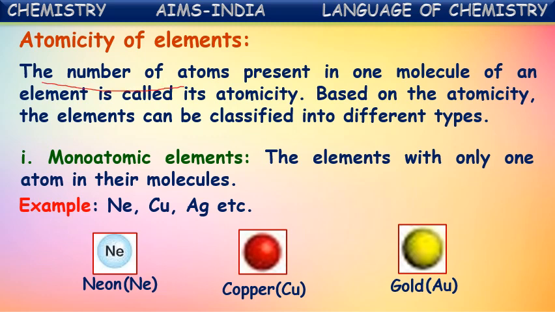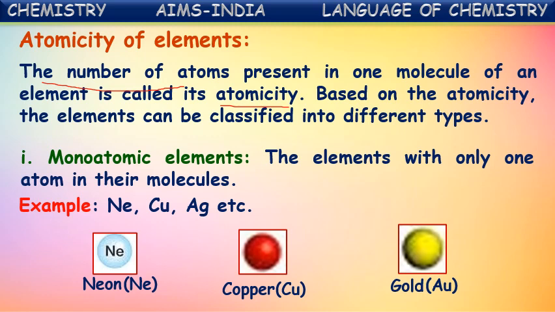The number of atoms present in one molecule of an element is called its atomicity. Simply, the number of atoms present in an element gives its atomicity. This atomicity is classified into different types.